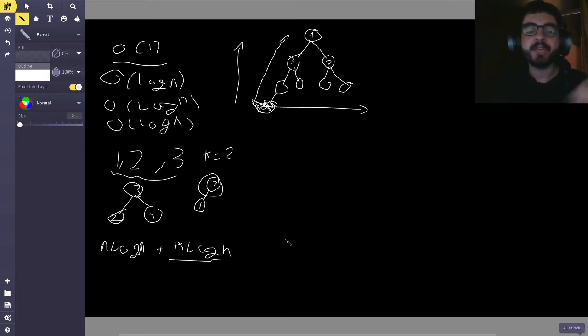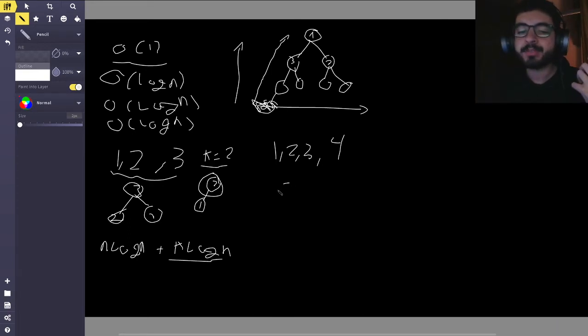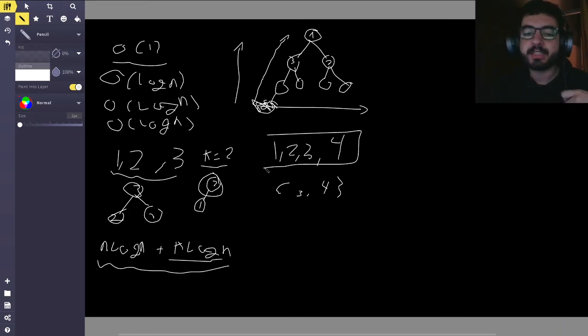So what we can do here is just explore the problem. Let's say we have 1, 2, 3, and 4. If our k is equal to 2, what are our two largest elements? Our largest elements would be 3 and 4. That's all nice and good, but how can we get them at the end of our iterations? So let's say this is the end of our iteration, and I want that answer to be the end result.